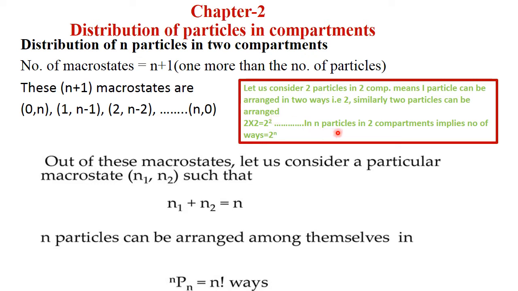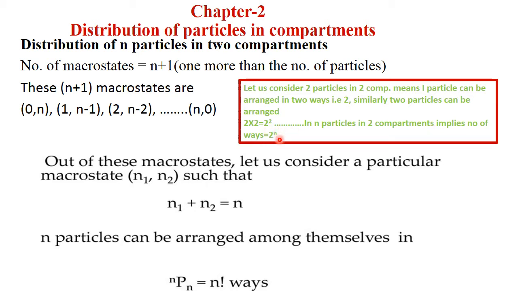That means the distribution of n particles in two compartments gives the number of ways always equal to 2 raised to the power n, where n is the number of particles, and every particle can be arranged in two ways. That means we have calculated the number of ways, that is, the number of microstates of the system.